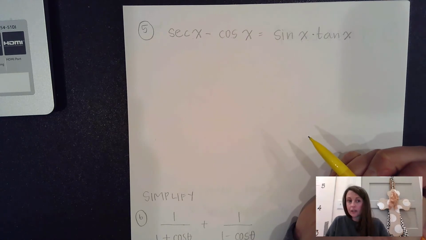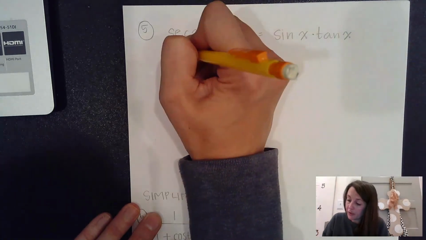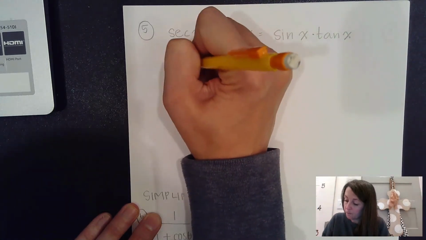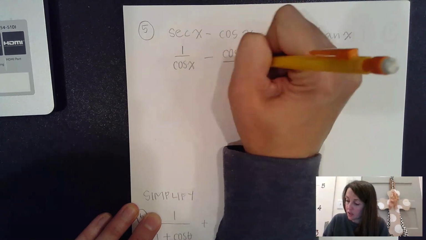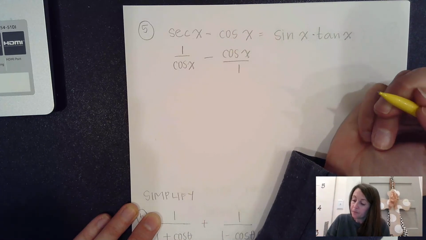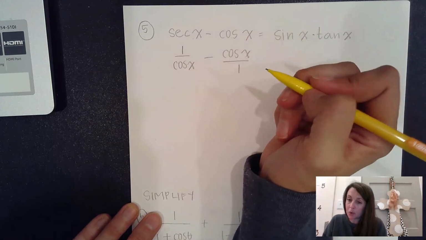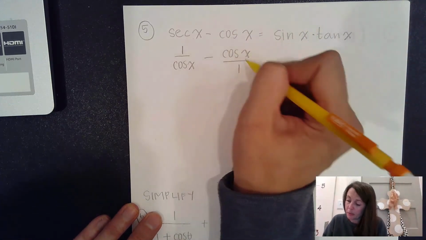So secant of x is going to be what? 1 over cosine. And then I'm just going to have cosine of x, and this is just going to be over a 1. If I get a common denominator, I would multiply just this one by cosine.